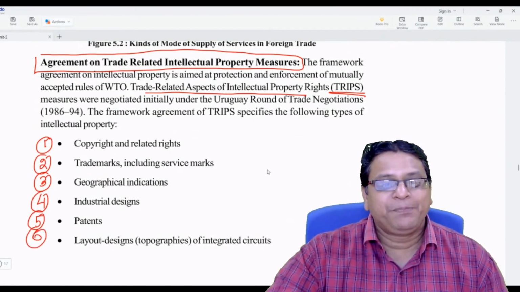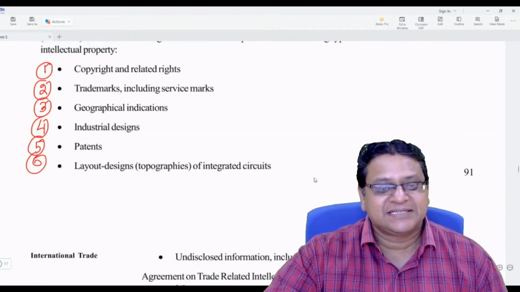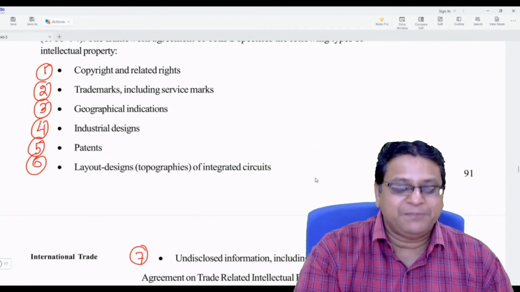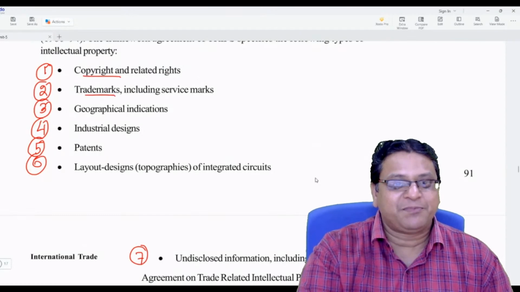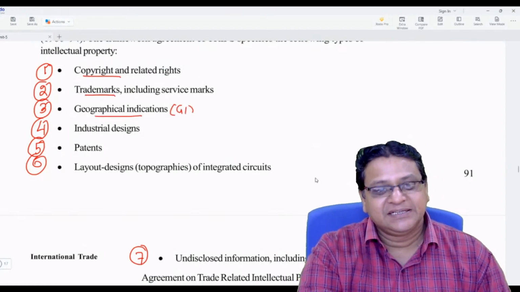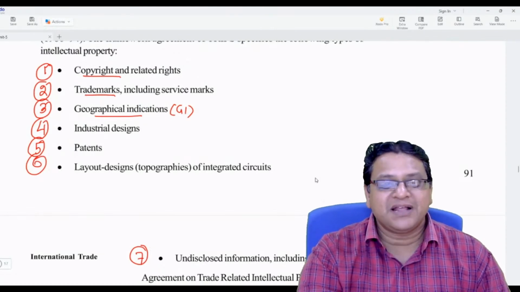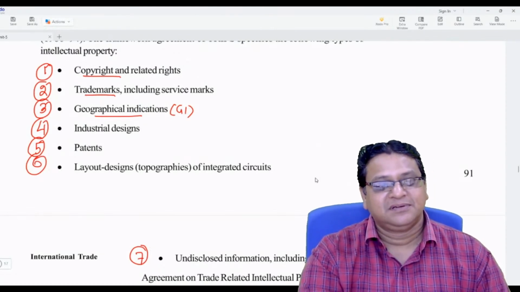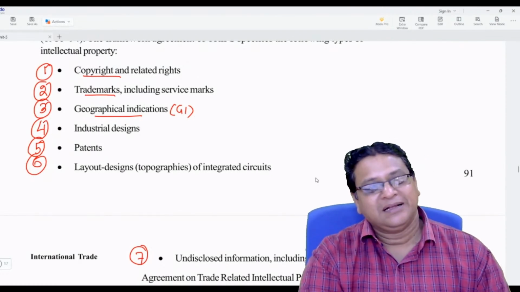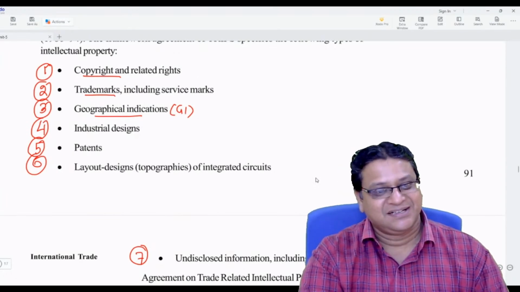First one is copyright and related rights. Then trademarks. Copyright is a type of IPR. Trademark is a type of IPR. Geographical indicators, GI, such as Banarasi Patta, Bengal Rasagolla, Odisha Rasagolla, these are GI tags.